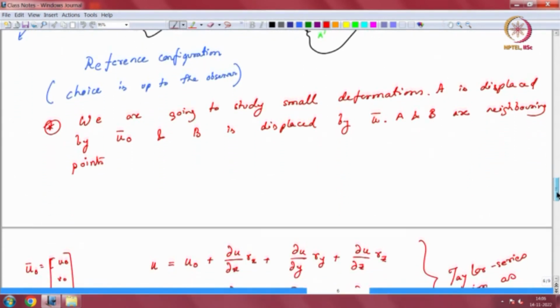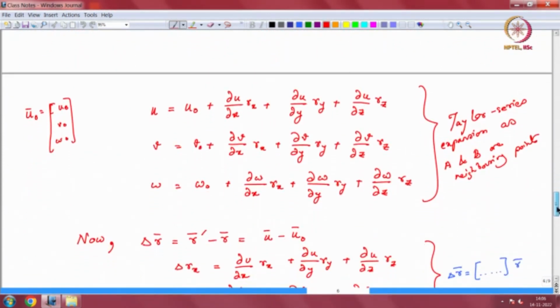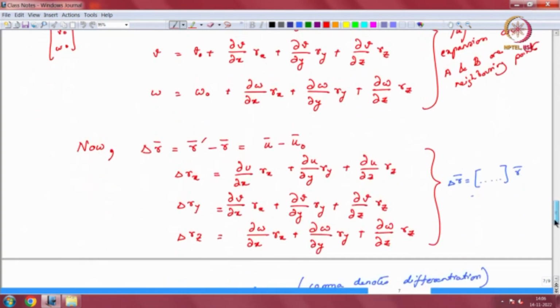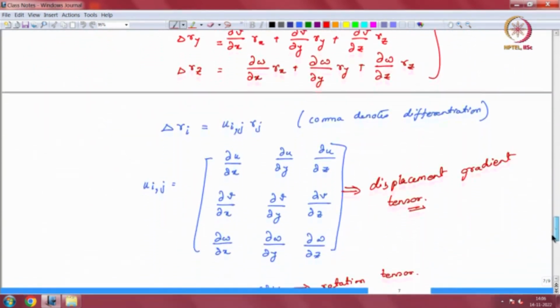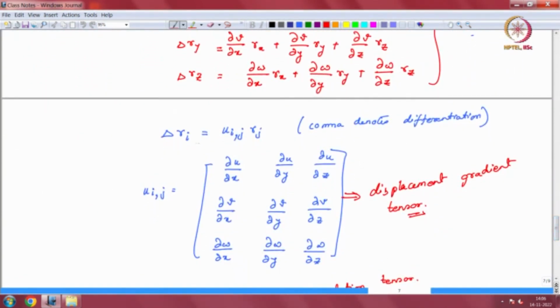And then we had done a little bit of mathematics assuming small deformation. We had used the Taylor series approximation for neighboring points, and we had seen that what we end up getting is a tensor which controls the transformation between two vectors here, rj, and this is the ri. This is written in now tensorial notation, so you have to be careful with that, and this comma here denotes differentiation.